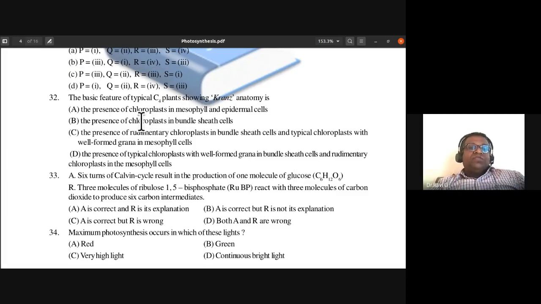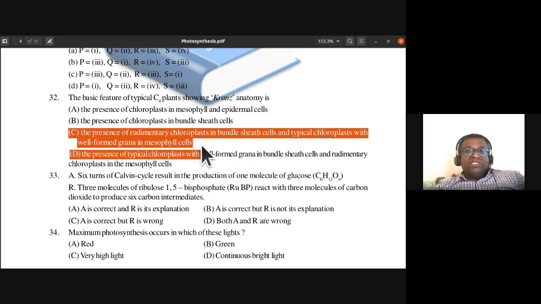The basic feature of a typical C4 plant showing Kranz anatomy is, so you should be able to answer this simple one. What is the basic feature of Kranz anatomy? The presence of chloroplasts in mesophyll and epidermal cells; the presence of chloroplasts in bundle sheath cells; the presence of rudimentary chloroplasts in bundle sheath cells and typical chloroplasts with well-formed grana in mesophyll cells.